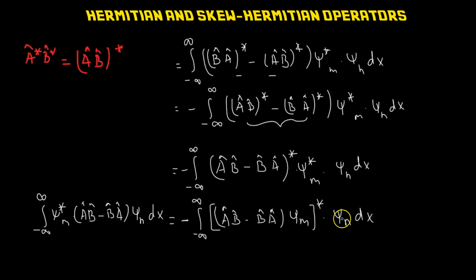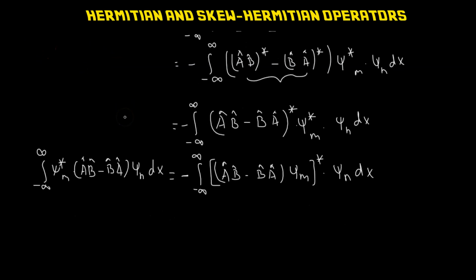We take the conjugate and multiply it by psi n dx. So this tells us that our operator, which is AB minus BA, is non-Hermitian. In fact, it's actually skew Hermitian in nature. So this is a skew Hermitian operator when A and B are two Hermitian operators. Thank you.